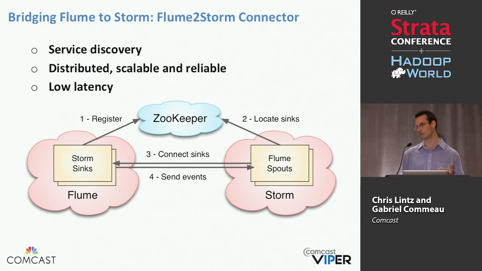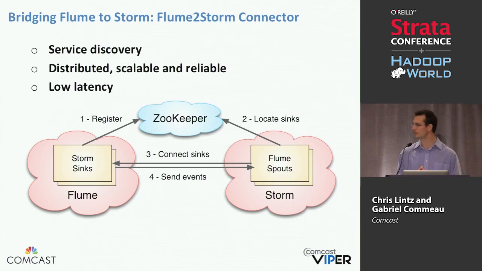All you need to do is to specify a Zookeeper quorum connection string and some identifier to identify the groups of sinks. We also wanted it to be distributed and scalable and reliable like any other parts of our system. And because we work in the real-time space, we also wanted to achieve as low latency as we can. And that's why we use Kryo as serialization layer, just like Storm does, by the way.